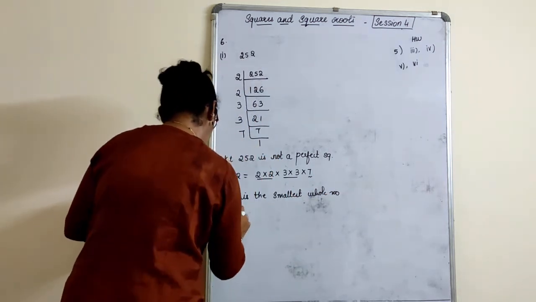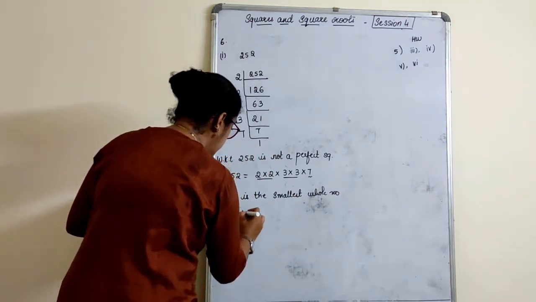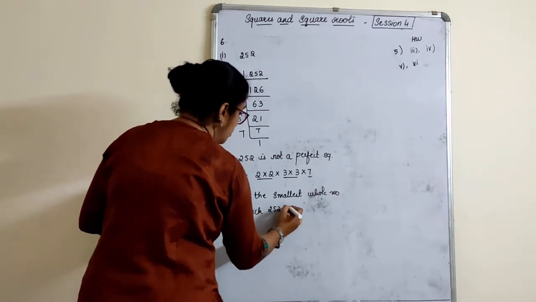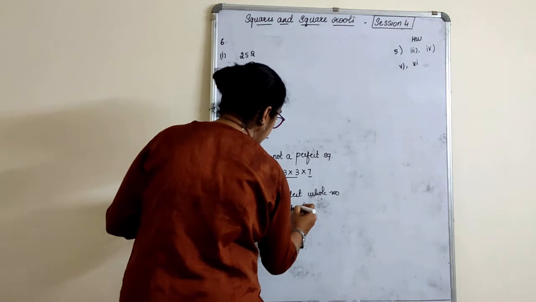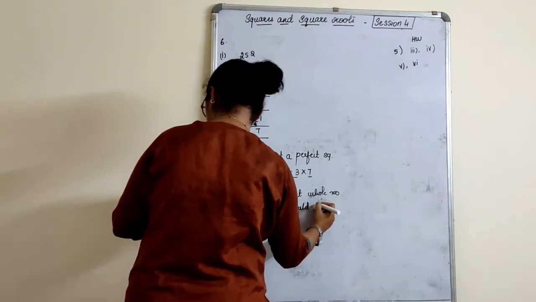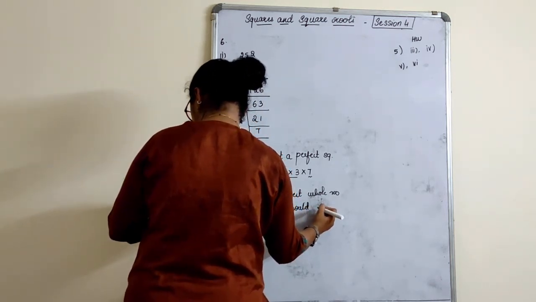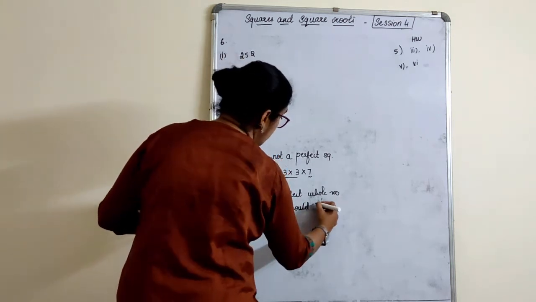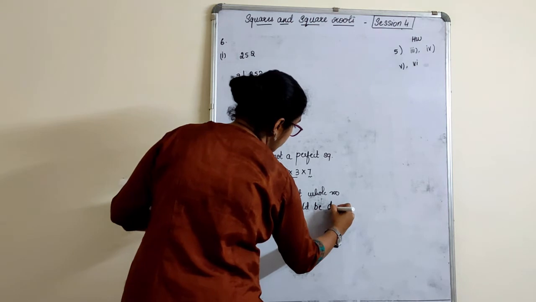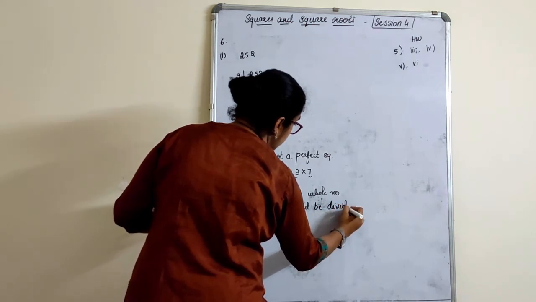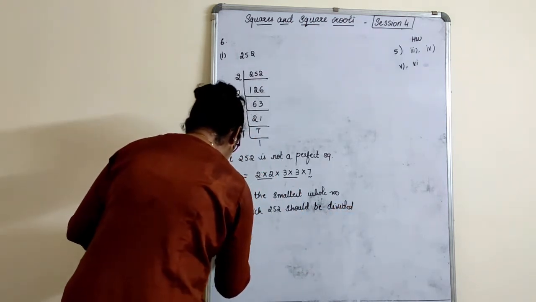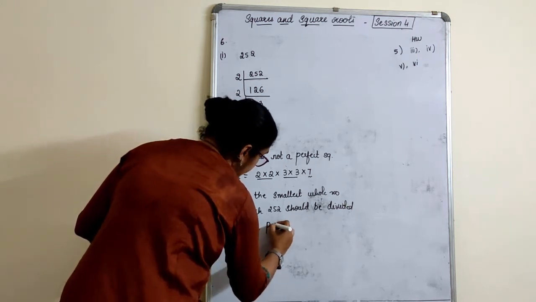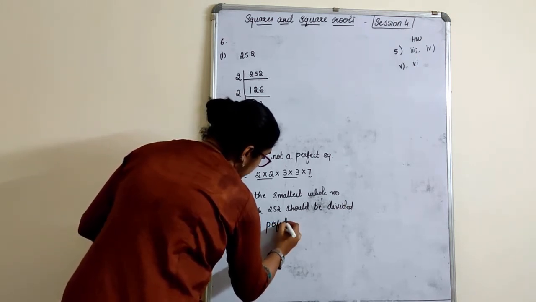by which 252 should be divided. So 7 is the smallest prime by which the given number 252 should be divided to get a perfect square.